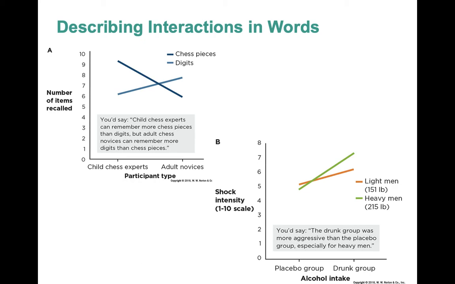When describing an interaction in words, you should start with one level of the IV and then explain what is happening with the second IV at that level. And then you move to the next level of the IV and do the same thing. So this approach is depicted in the two graphs here, and then here's some language that the textbook author gives us. So here we've got a number of items recalled.